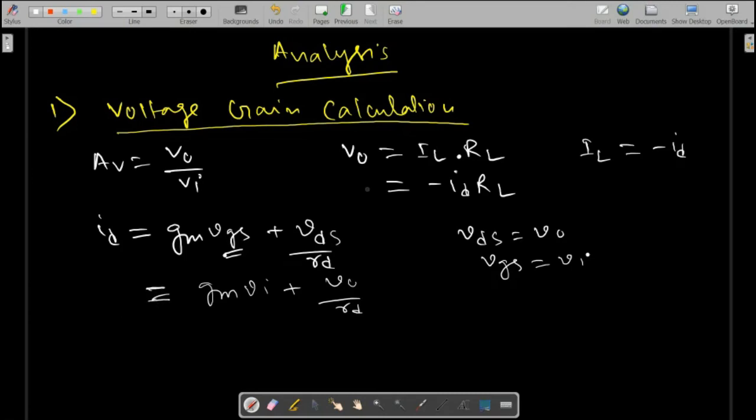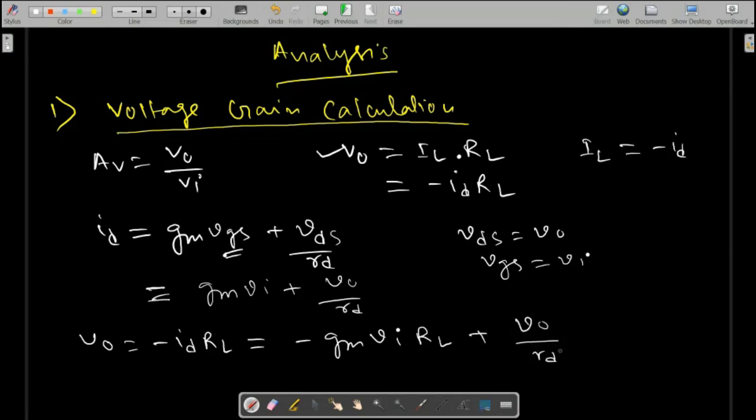Now put the ID value here. So V0 equal to minus ID into RL, that is minus GM VI plus V0 by RD, into RL.